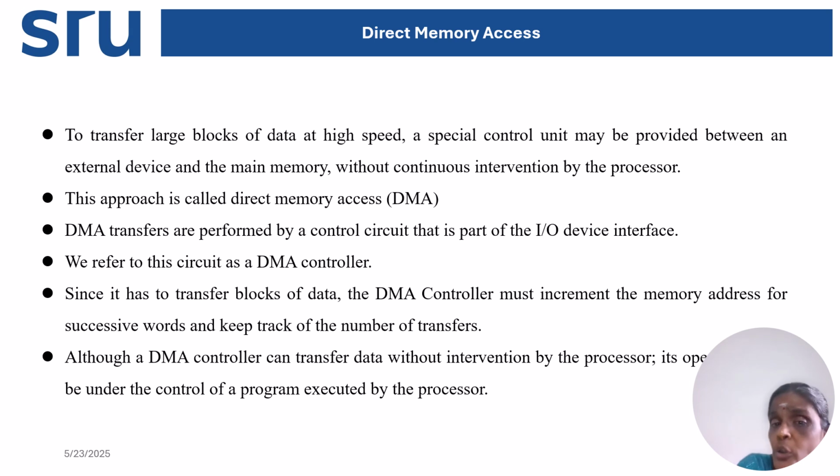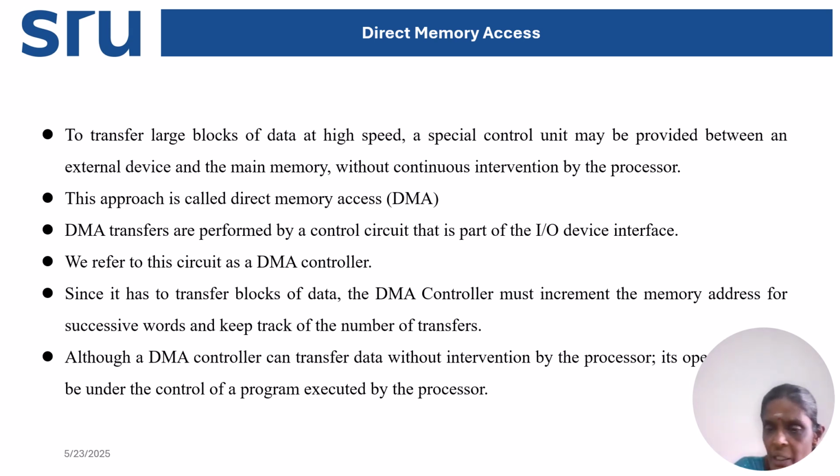A special control unit may be provided between an external device and the main memory, without continuous intervention by the processor. So this is direct memory access. A control unit may be provided for transferring data from the external device to and from main memory.